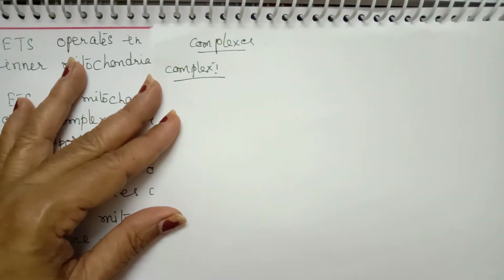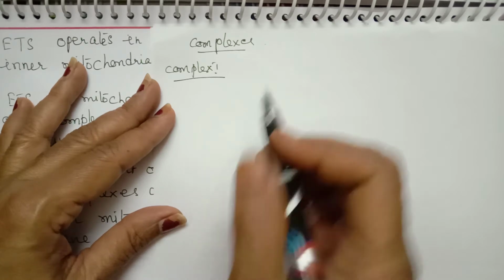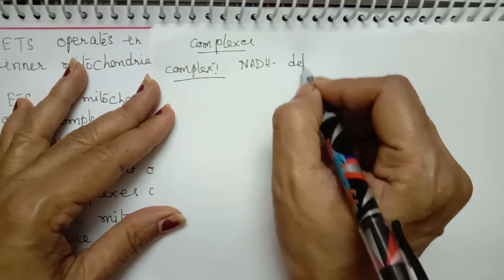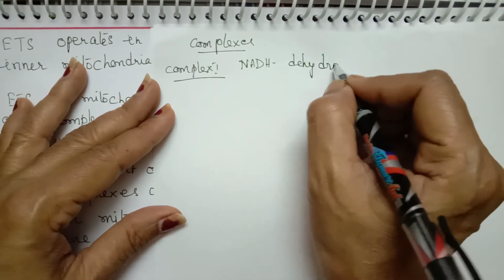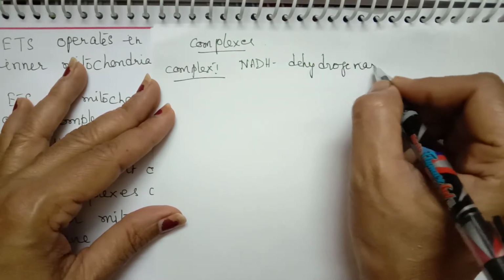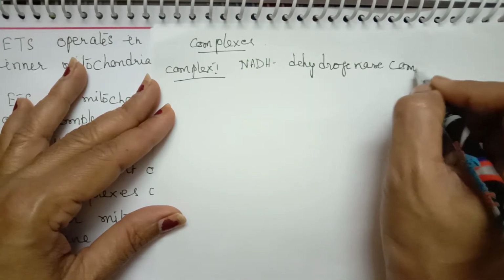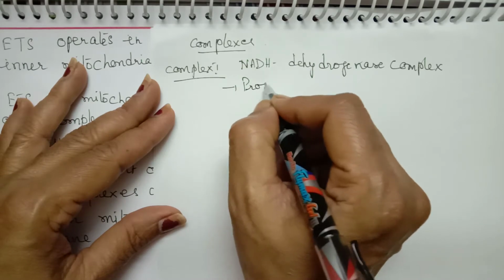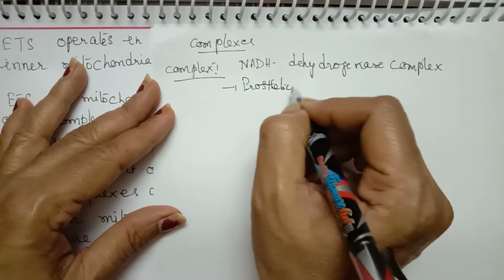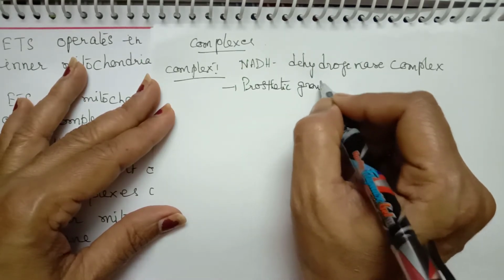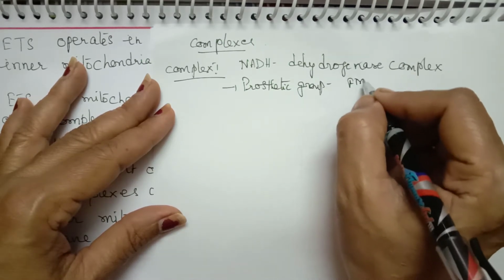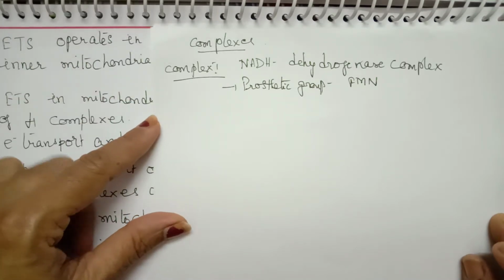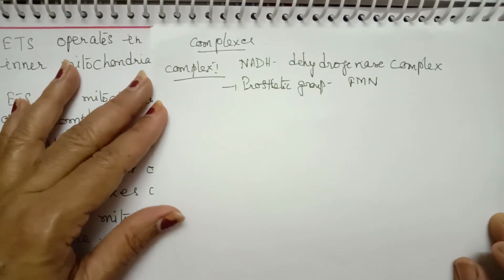Complex 1 is called NADH dehydrogenase complex. This complex has a prosthetic group of FMN. FMN is flavin mononucleotide. That is the prosthetic group.